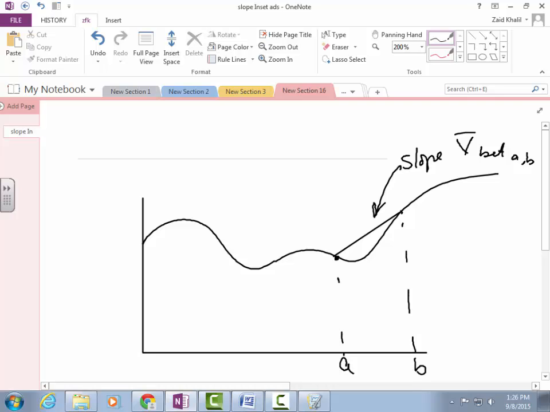That means there's going to be some point in this interval, roughly around there. Call that point t star. At that point, the instantaneous velocity, which is the tangent line, is going to be equal to the average velocity.